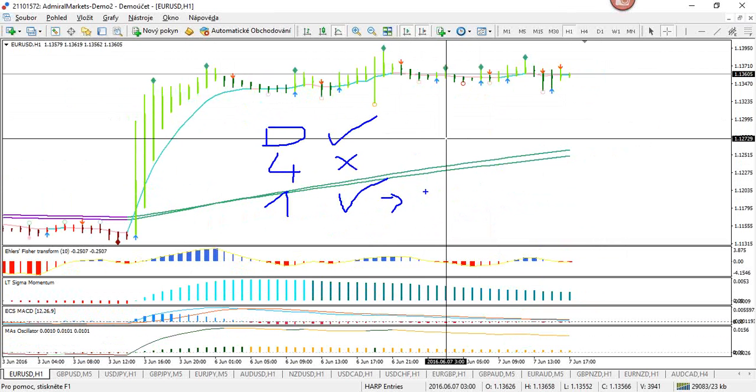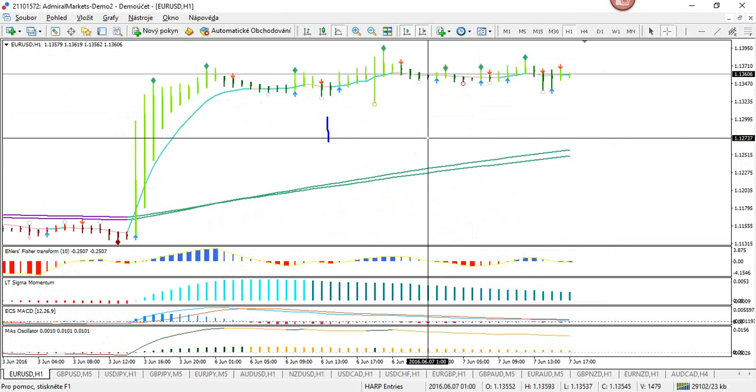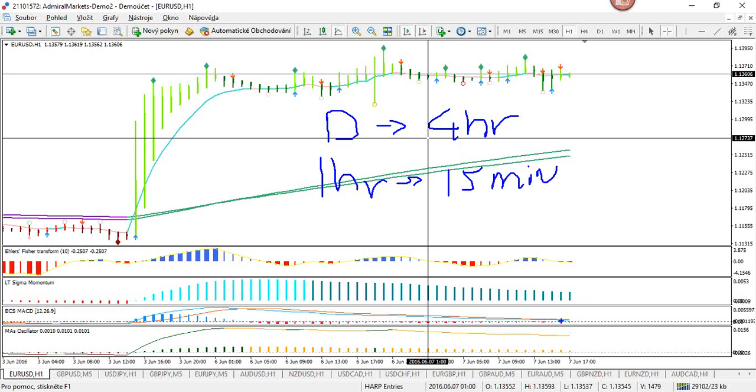You can actually zoom in to the 15-minute chart. Basically that means that because of the daily trend, you have an opportunity on the 4-hour chart for a trend continuation. Because of the hourly momentum, you actually have a chance also to take a 15-minute setup as a continuation as well. So you have a setup on 2 time frames.